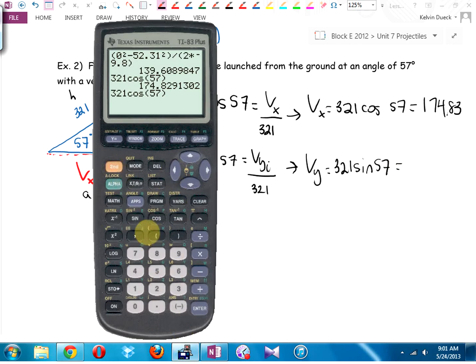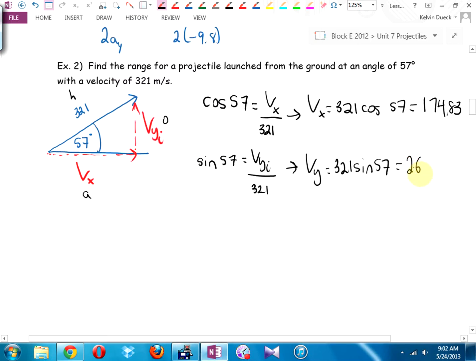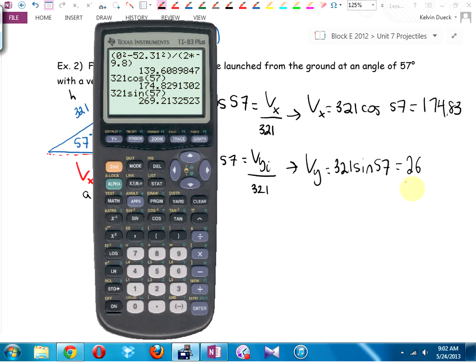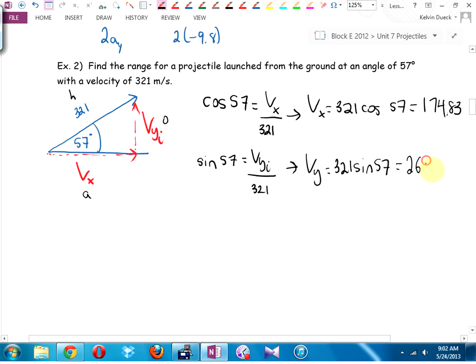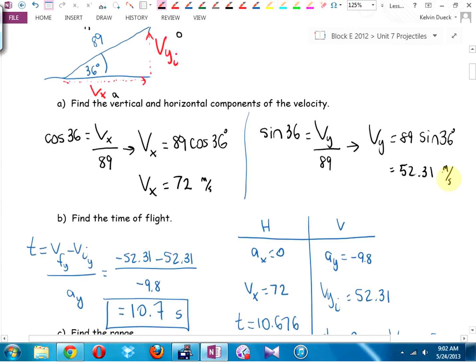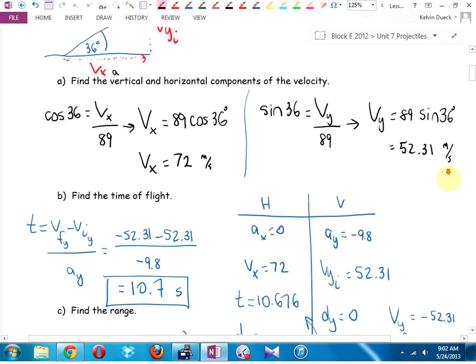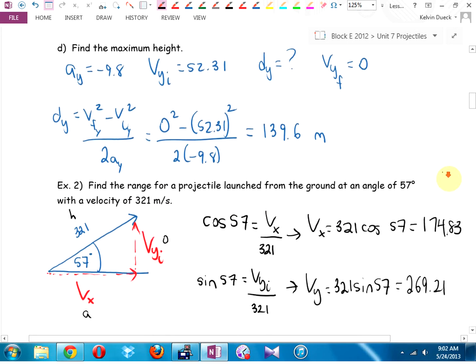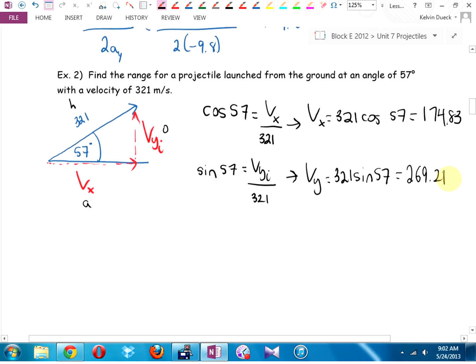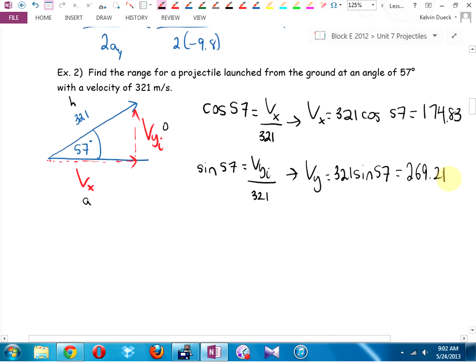Mr. Dueck. Yeah, McKenna. Let me get the answer first before I go on my little rant. 269.21. I noticed, Mr. Dueck, that in the previous example, Vx was cos and Vy was sine. I noticed in this example, Vx was cos and Vy was sine.